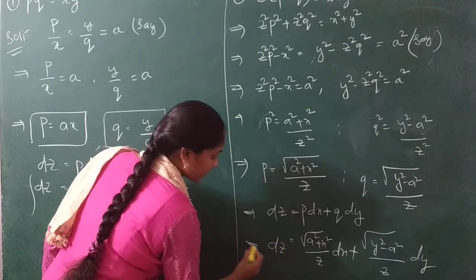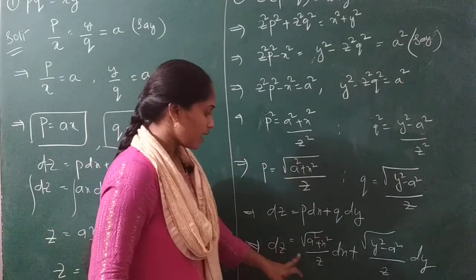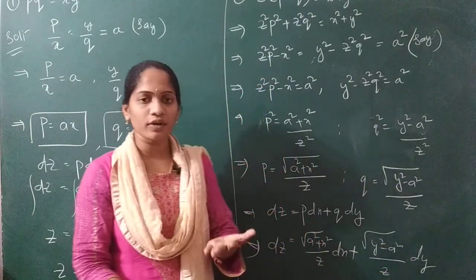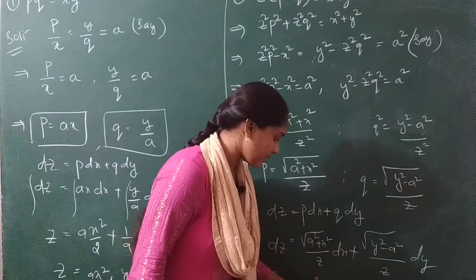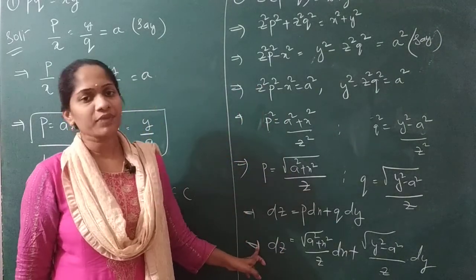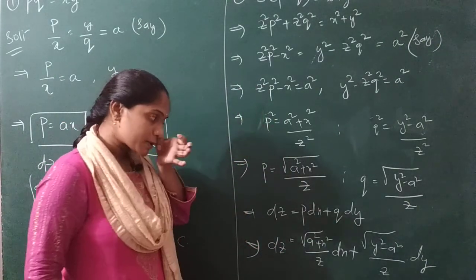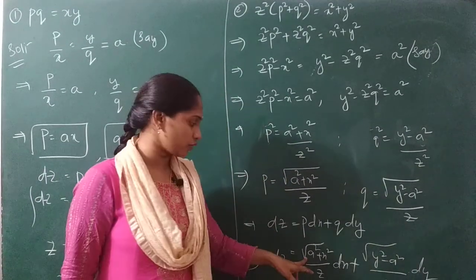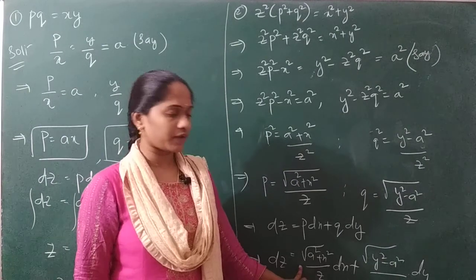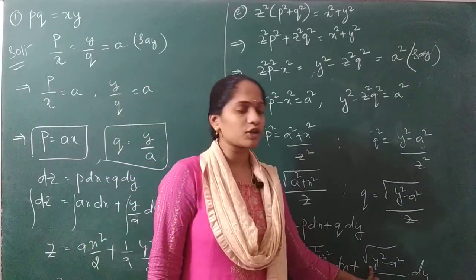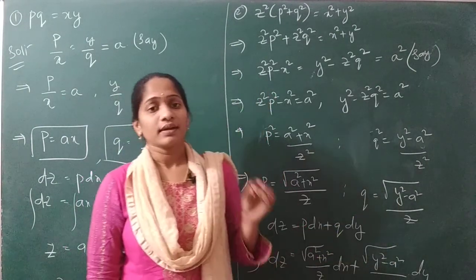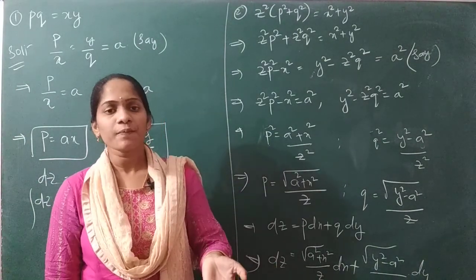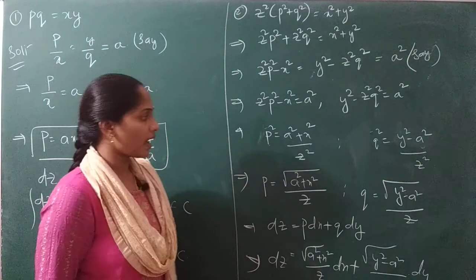So this is the equation after substituting the p and q values. Next, you take the LCM z and transfer it to the LHS. Now z into dz. Here the direct formula is there for the integration of these two terms: integration of x square plus a square, integration of y square minus a square. There is a formula directly. After integrating, we will substitute the formula and that is our required answer.